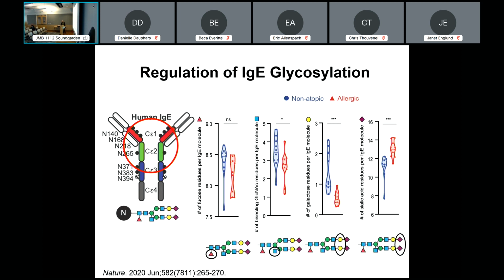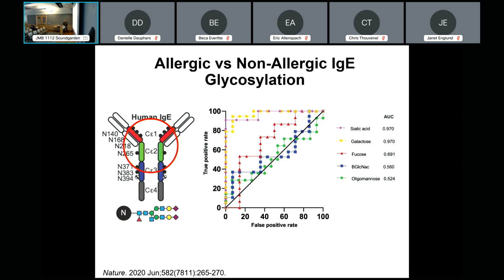Obviously these are related because sialic acid is attached to galactose. We did the ROC plots, and you can see that essentially changes in both sialic acid and galactose tracked with the incidence of disease, while changes in the other sugars did not.